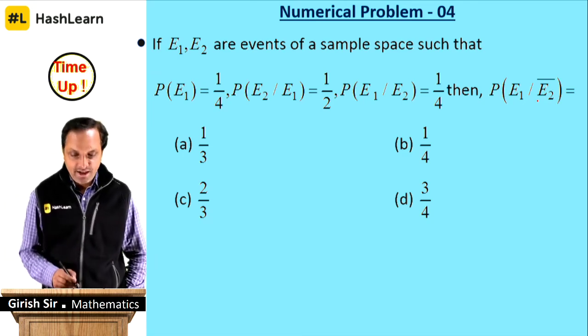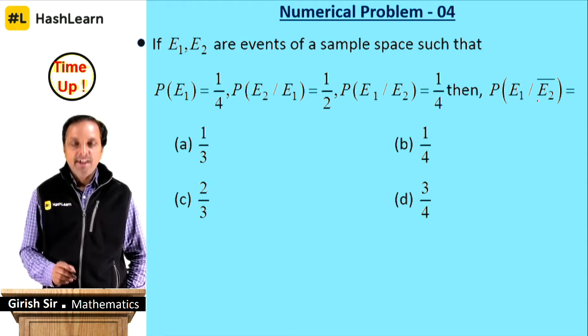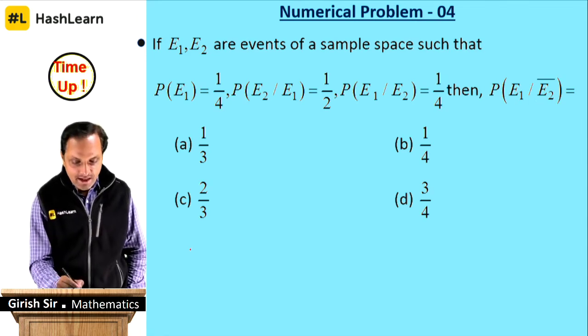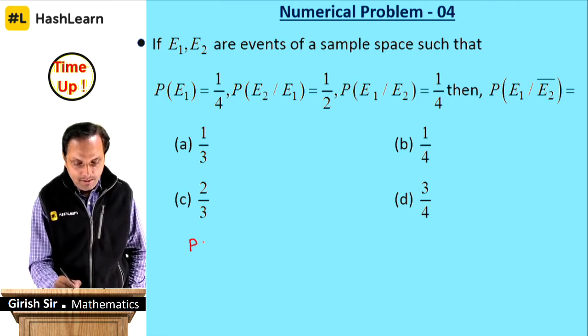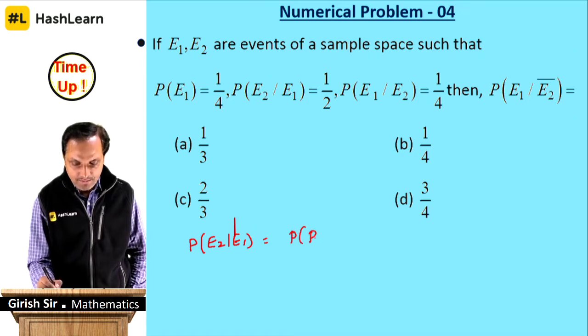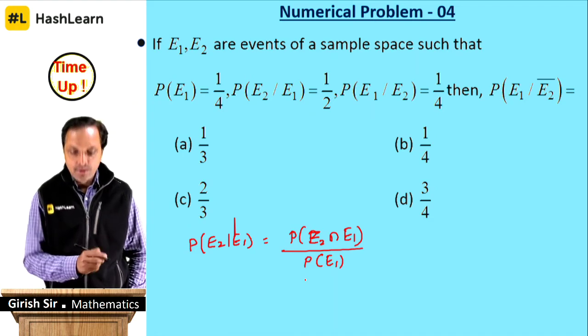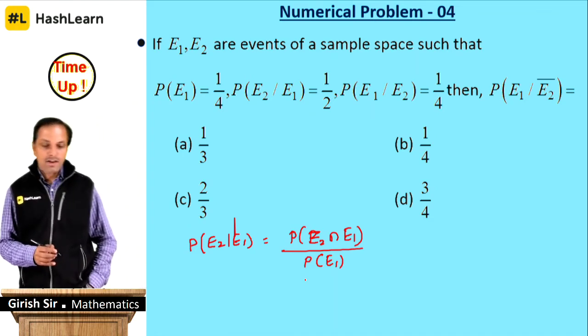So before finding that, let us find intersection of E1 and E2. तो पहले क्या लेंगे हम probability of E2 conditional E1, probability of E2 intersection E1 divided by probability of E1. इसको यूज करके हम intersection निकालेंगे.